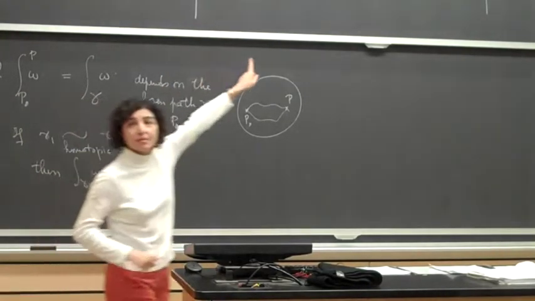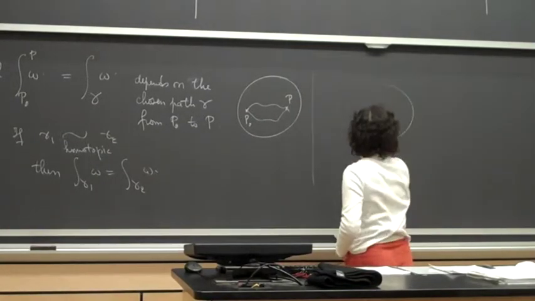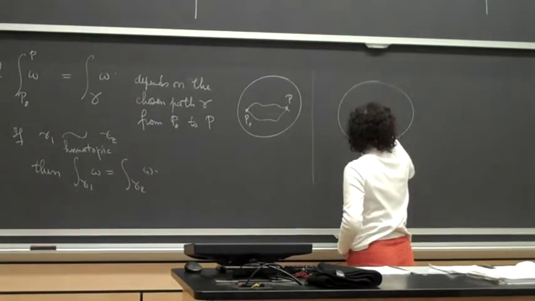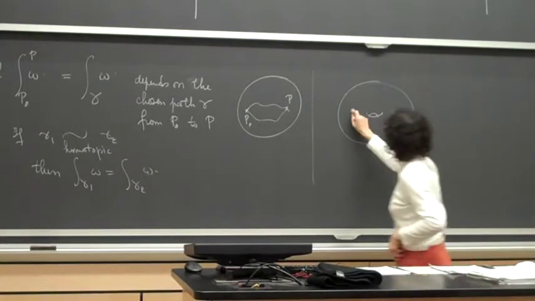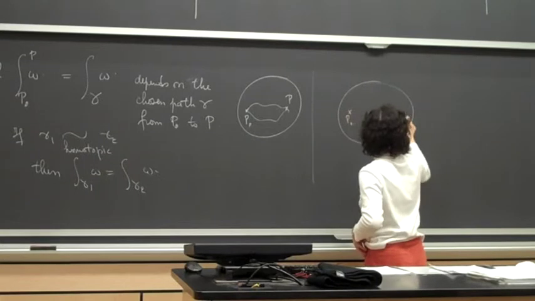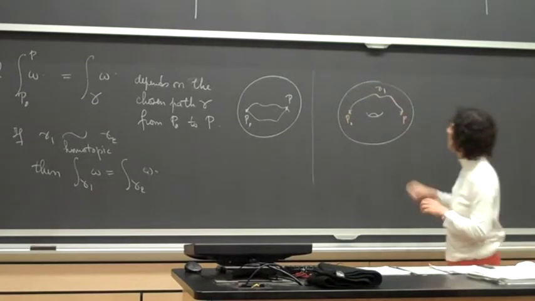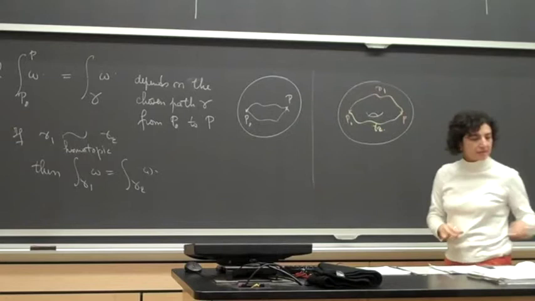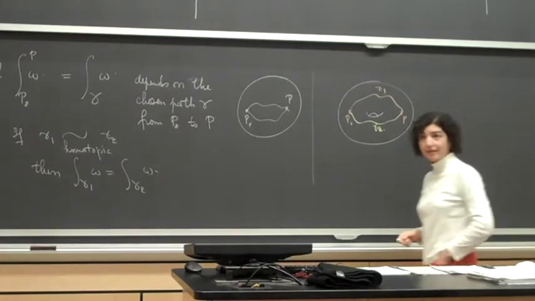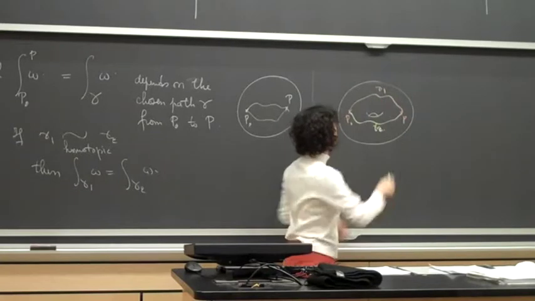But that surface up there has got holes in it. So even in the simplest case of one hole, I could have my point P0 here, I could have P here, and that could be my gamma 1, and then gamma 2 could be there. Now you see, it's not true anymore that the integral from one path is equal to the integral from the other path.